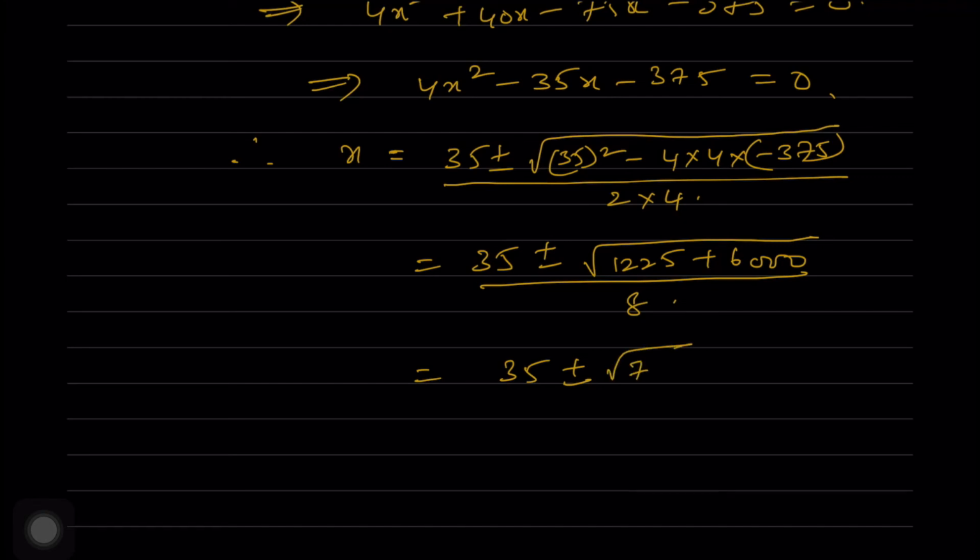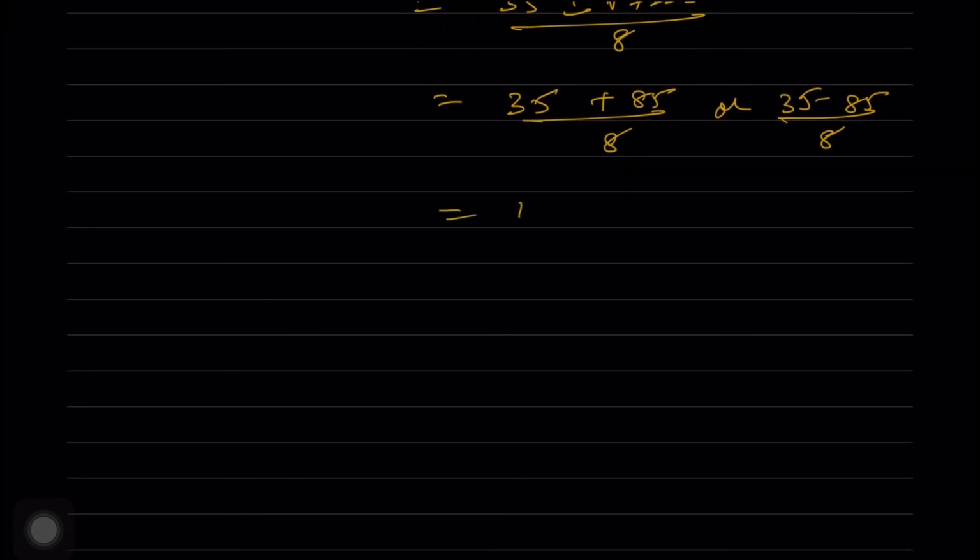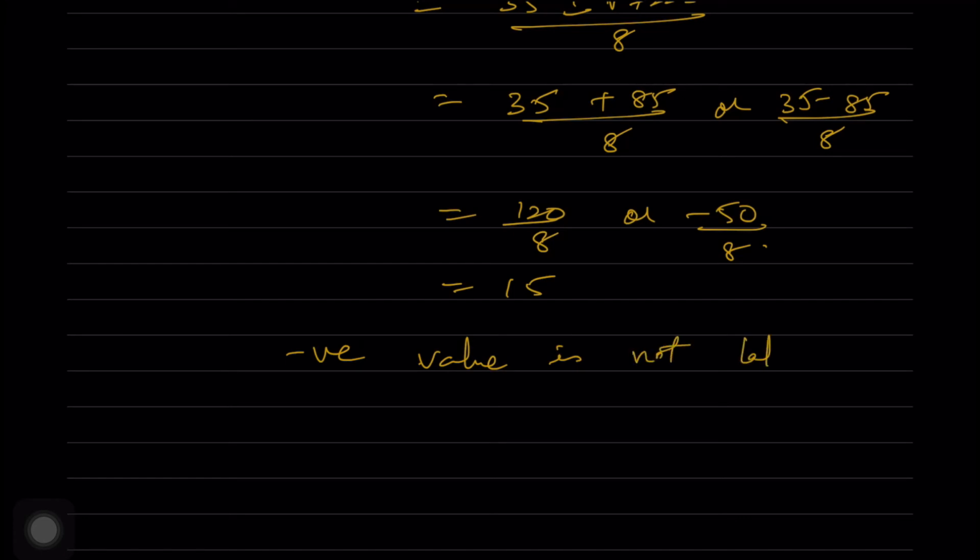So under root of 7225 divided by 8. Under root of 7225 is nothing but 85. So 35 plus 85 by 8 or 35 minus 85 by 8. So which is equal to 120 by 8 or minus 50 by 8, which is equal to 15. Negative value is not taken.